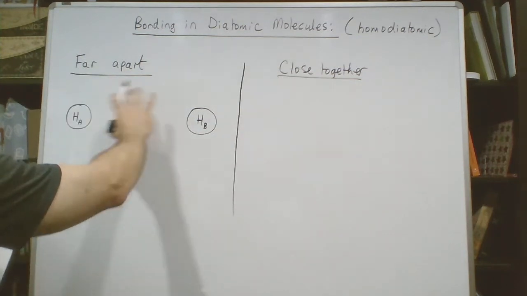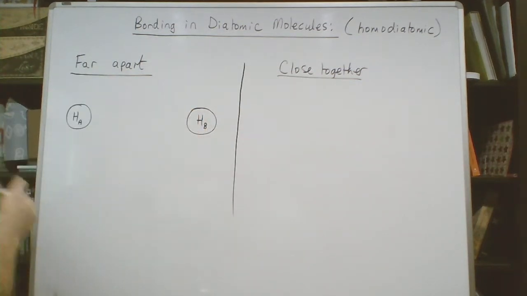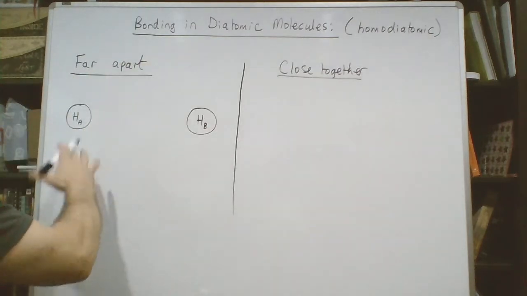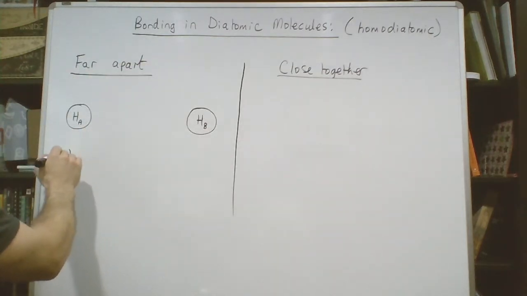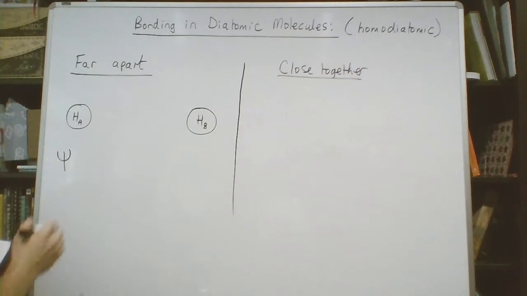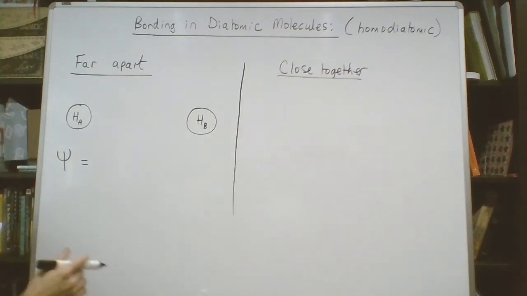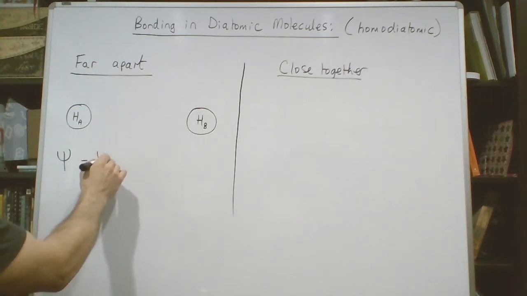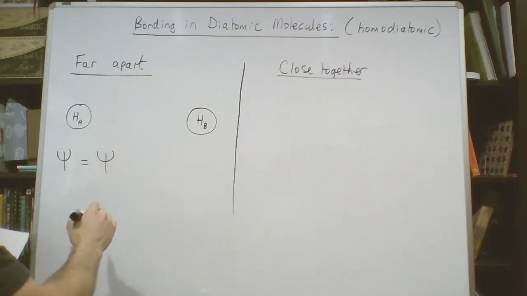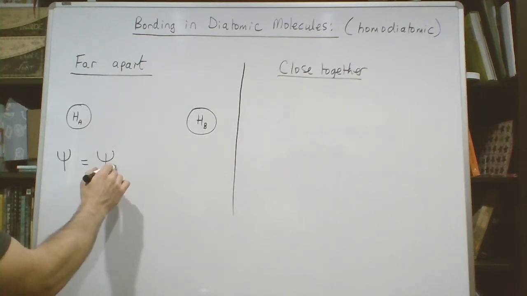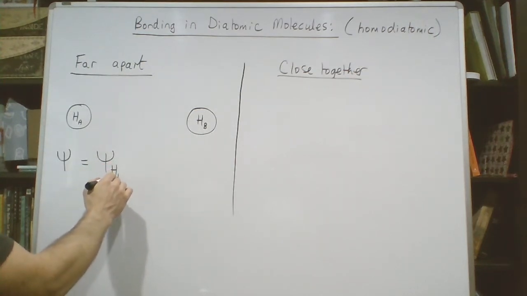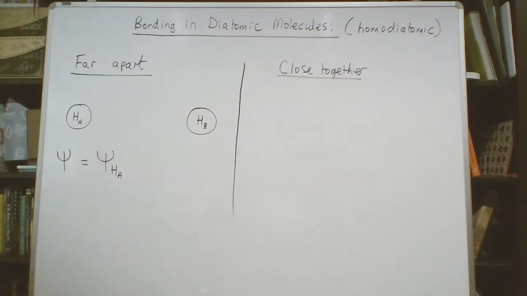And if we were to represent this system, a wave function of this system, we could say that the wave function of this system has to incorporate hydrogen A and hydrogen B. So first of all, it's going to be the wave function of hydrogen A. Now, hydrogen A only has one electron.